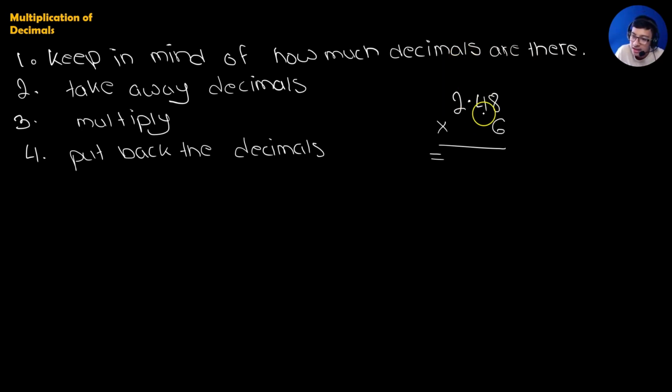We see that we have only one number with a decimal, which is the number at the top, and we see how many decimal places there are. There are 2 decimal places, so we keep in mind 2, and then we can take it away.